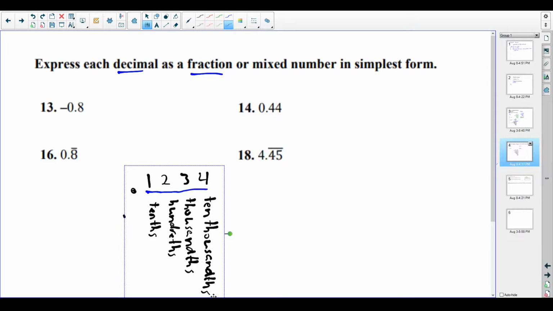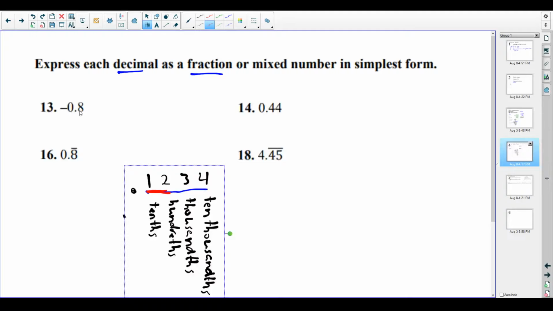It's in the ten thousandths place. And then you just read the number. So this is 1,234 ten thousandths. Or if we wanted a shorter number, like let's say it was just 0.12, well, the last number is in the hundredths place, so it would be 12 hundredths. So all it is, you just remember where your place value is, and then you read it.